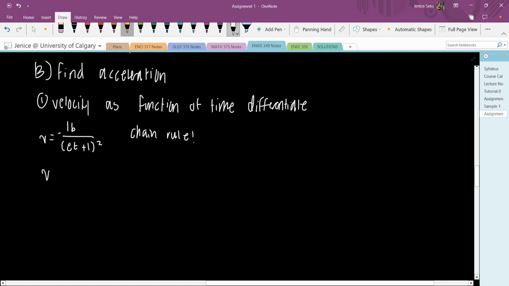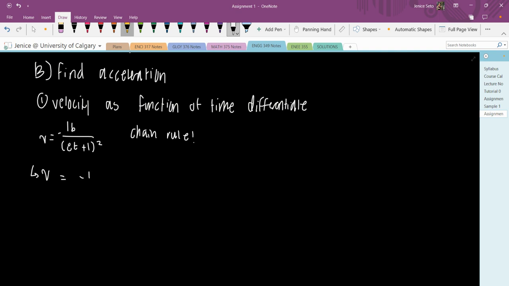So we can rewrite this velocity as negative 16 times (8t plus 1) to the power of negative 2. With chain rule, we're going to take that 2 down to be multiplied.